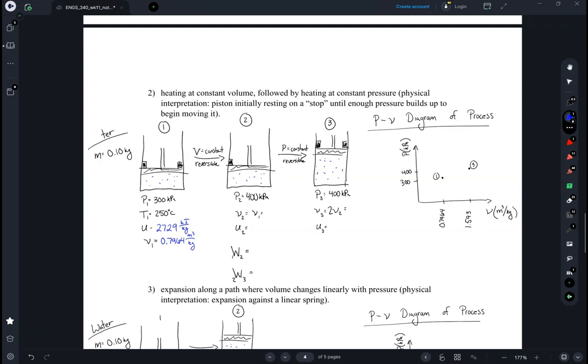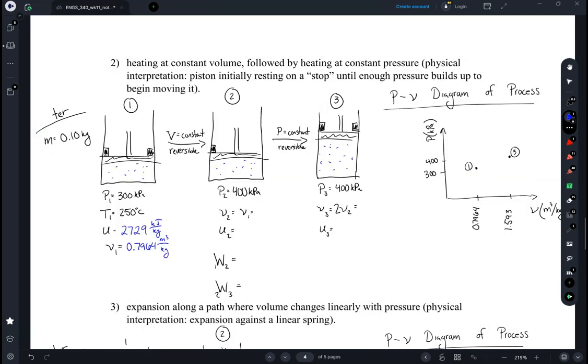These are just two. So in part two, we're looking at now constant volume first. So this first is constant volume, then a constant pressure. The first time we did it, we looked at constant pressure, then constant volume. Now we're going to switch those.